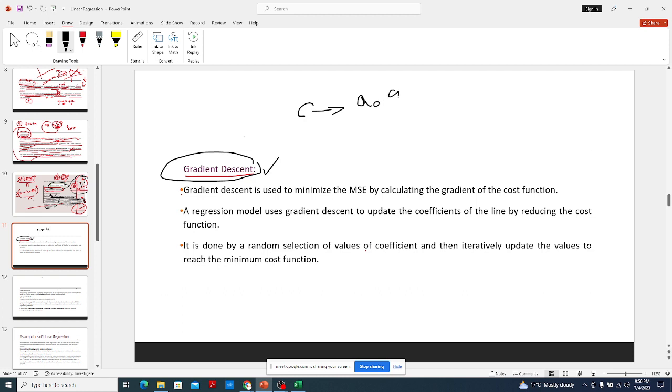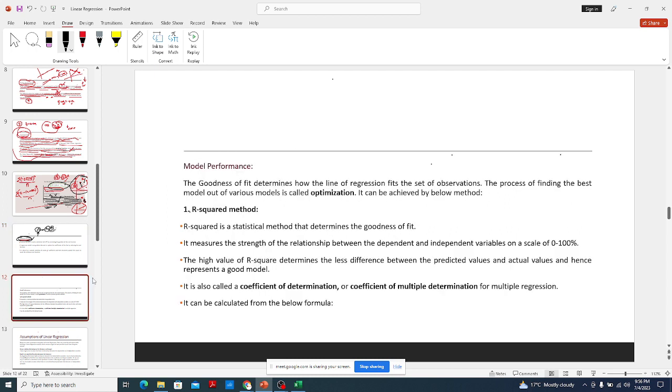But now we have something else called gradient descent. Gradient descent is used to minimize the cost function, and in return we'll get optimal values of our coefficients.